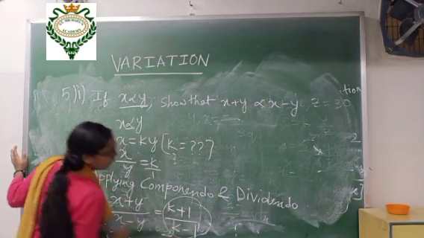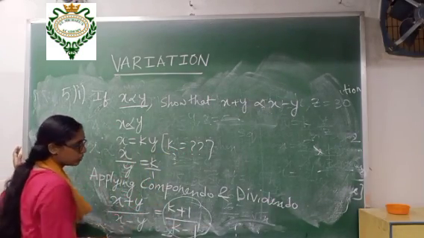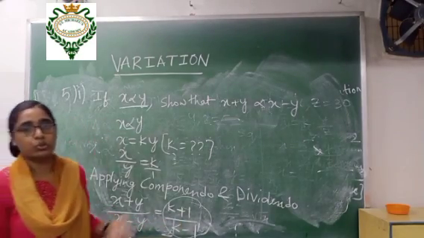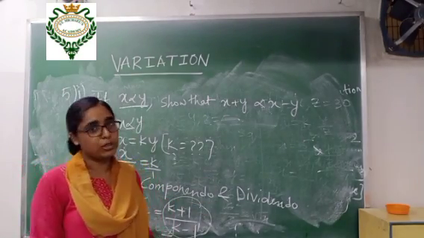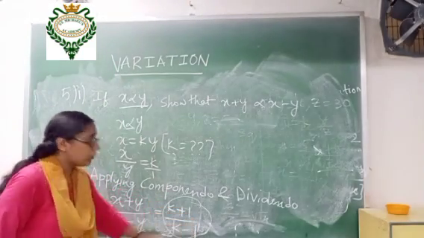This 1 is constant. Why is it constant? k we have taken already as the variation constant, and 1 is also constant. Why? Because we can't say 1 is 2, 2 is 3, 3 is 4. That is not possible. We can say that 1 is only 1, so all the numbers are constant.